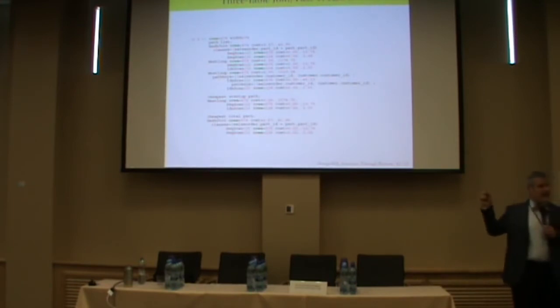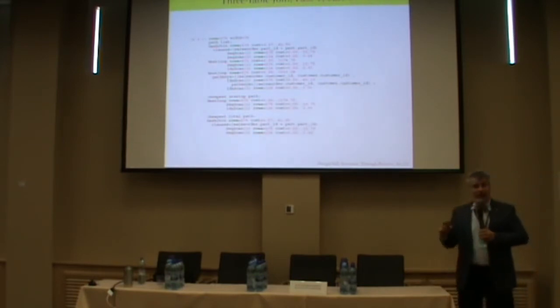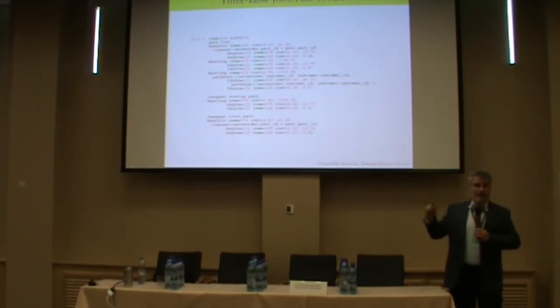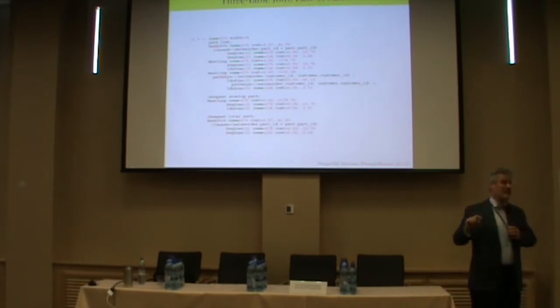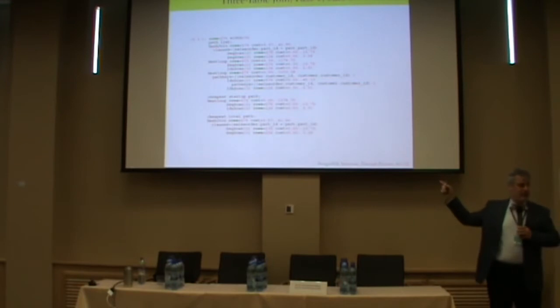Now the way I got this output, there's a special compiler symbol called OPTIMIZER_DEBUG. If you compile Postgres with OPTIMIZER_DEBUG, you actually see this output when you run a query.